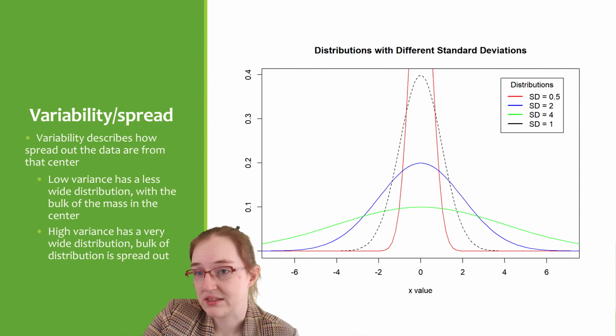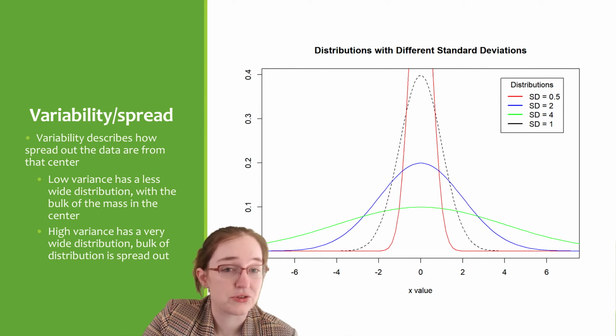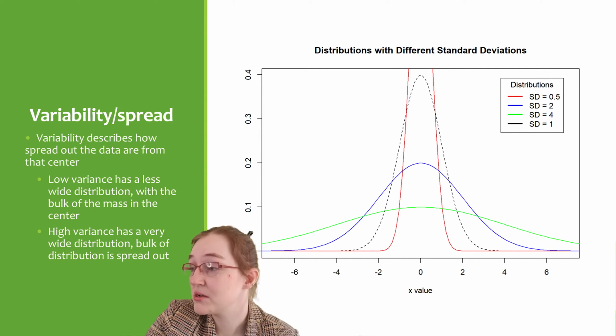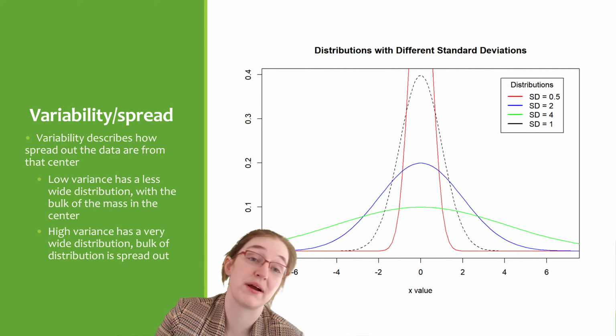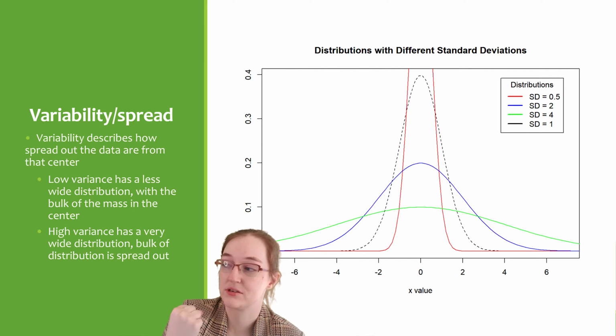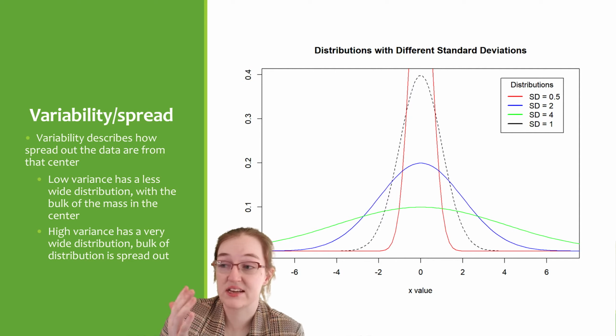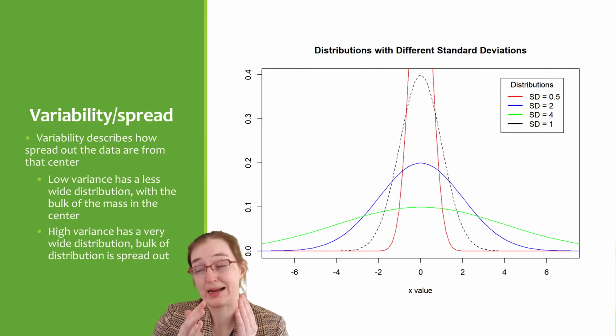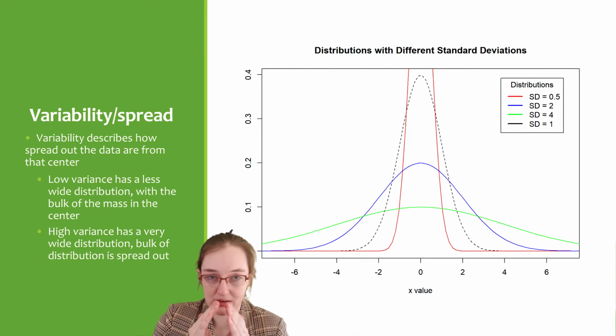Now, variability is our next descriptive statistic. Variability describes how spread out the data are from that center. Low variance means that the data are more tightly packed together. More of their mass is in the middle.